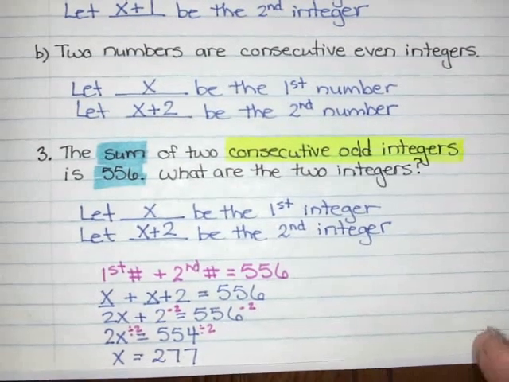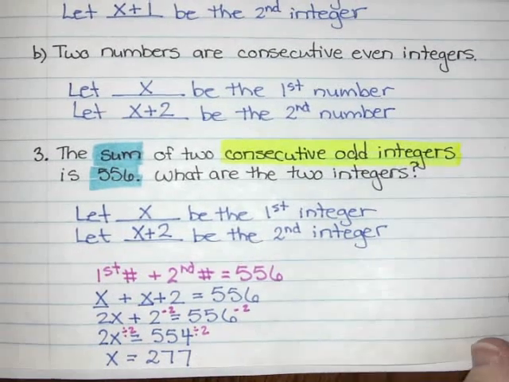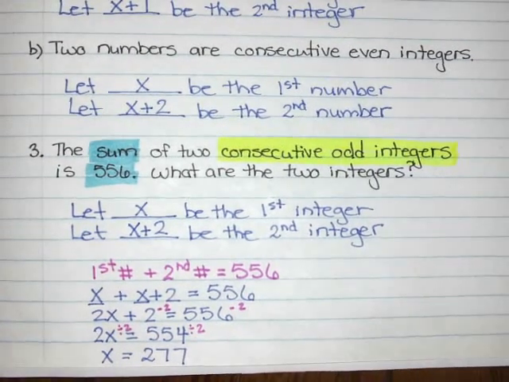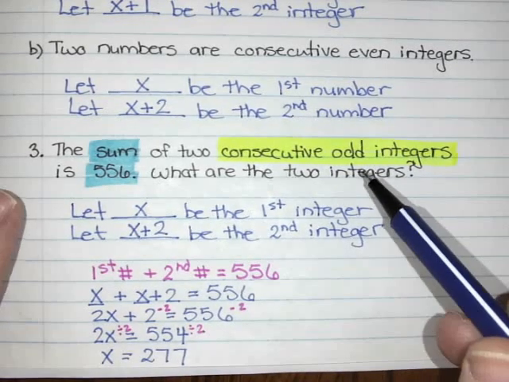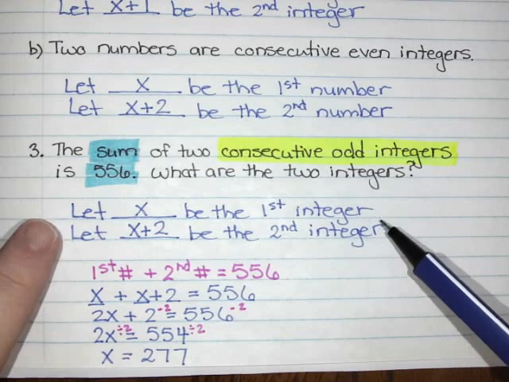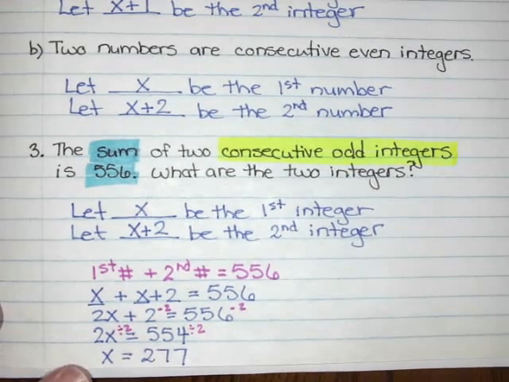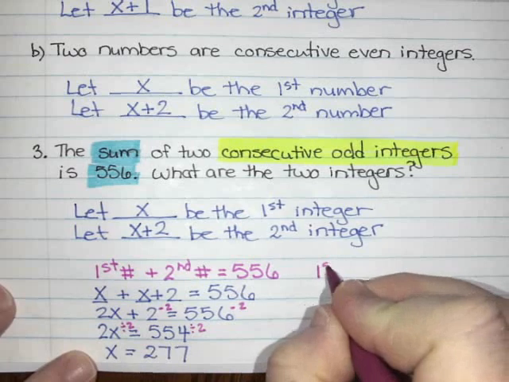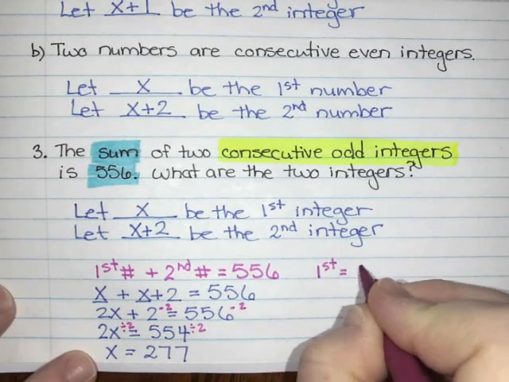So I'm not done the question yet. I did finish solving for x, and sometimes when I finish solving for x, I think that I'm done, but we're not done. It's a word problem, and it is our job to find the two integers. So I'm going to come back to those let statements. We said the first number was x.